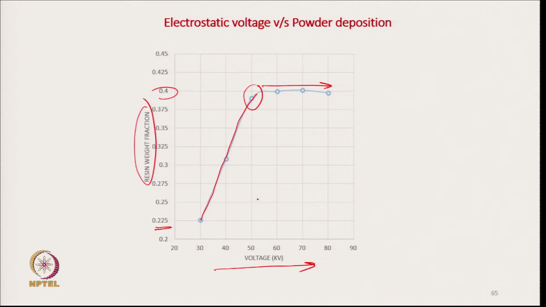After 50 kilovolt, the resin fraction is stabilized, there is no further increase in the resin weight fraction.